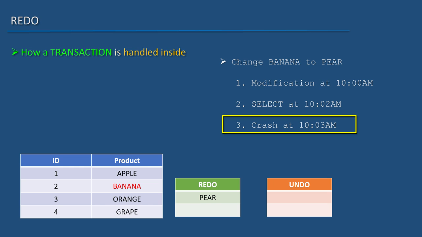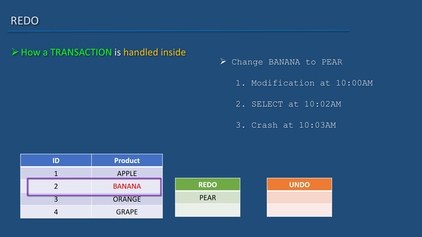Now at 10:03, the host computer crashes again. Let us call this crash 2. Remember that the old data banana is still in the real table. And we all know that it is an invalid value because it has been changed to pear and confirmed through a commit.